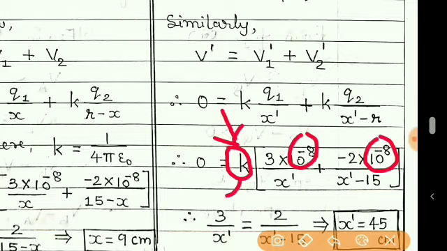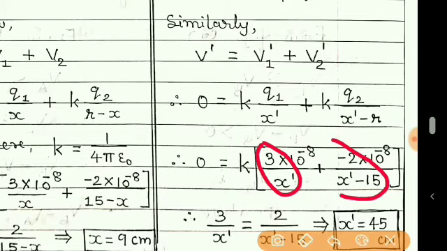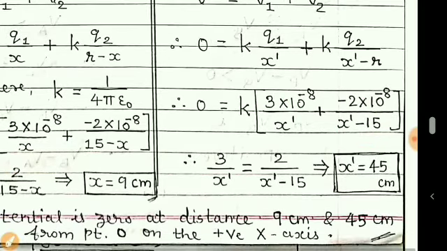And then when we'll bring that towards left hand side, so 0 by anything will be 0. So only remained here is now 3 upon X dash minus 2 upon X dash minus 15. And so I have written this next step.